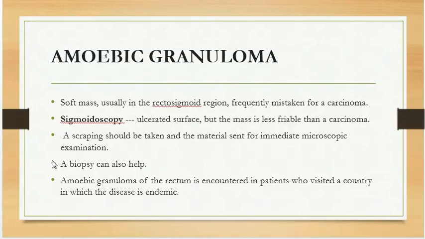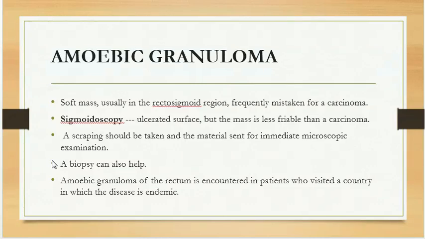Sigmoidoscopy shows an ulcerated surface in these patients, but the mass is less friable than a carcinoma. A scraping should be taken in these patients and the material sent for immediate microscopic examination. The vegetative form of the amoeba as well as spores can be seen, especially the vegetative form, which is present in the acute form.